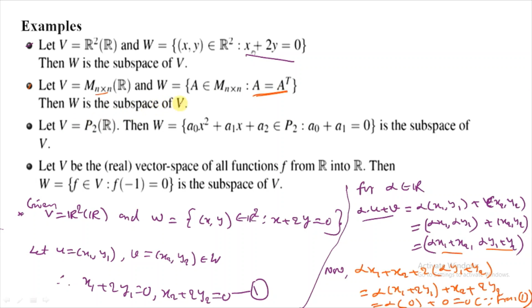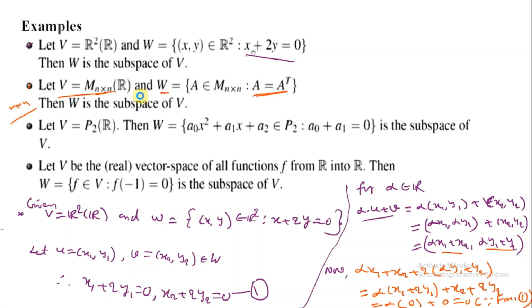Then W is a subspace of V. That means the set of all symmetric matrices is a subspace. Last class we discussed that not only square, any non-square matrix also, M by n matrices, form a vector space. So V is a vector space, and we have to check whether W is a subspace or not.